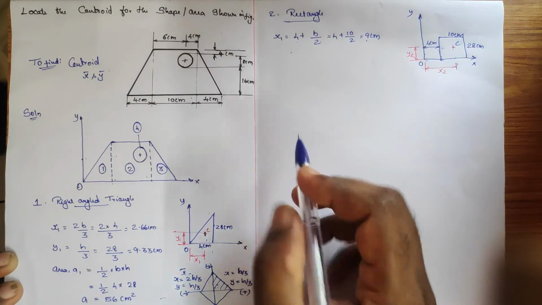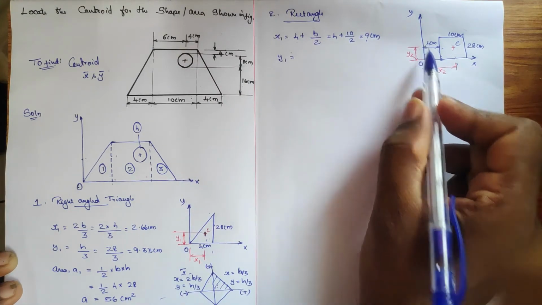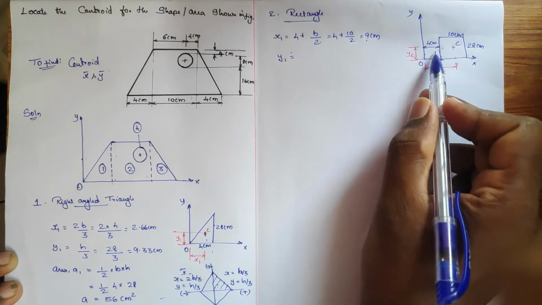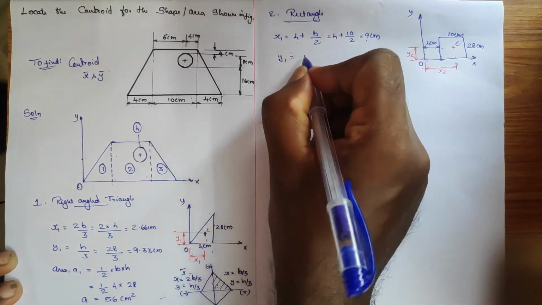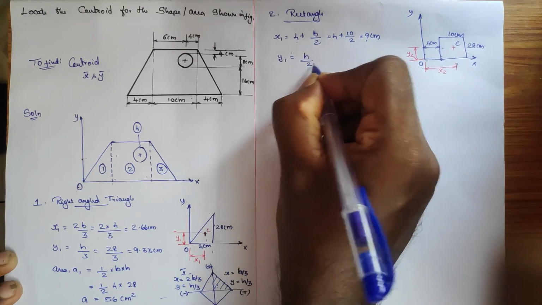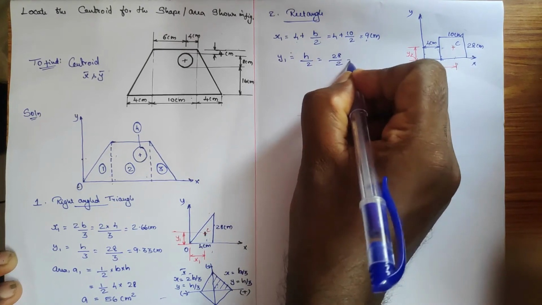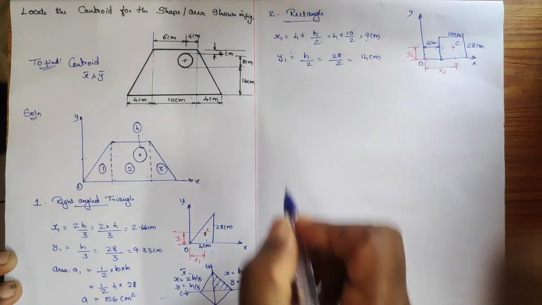When you come to y2, it is just from O to this particular distance. There is no gap for this component. So we can directly substitute the formula for the rectangle, h divided by 2. So 28 divided by 2, what we get is 14 centimeter.